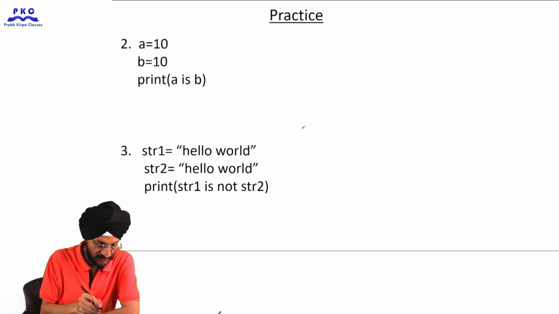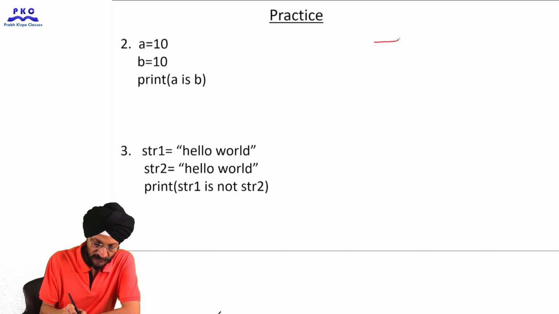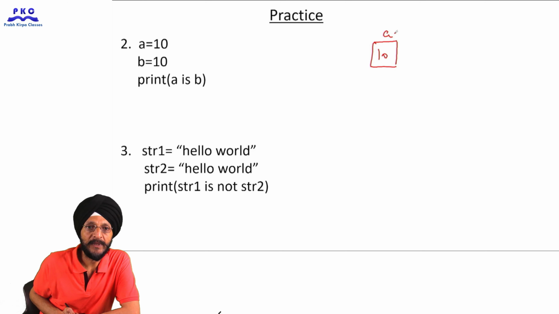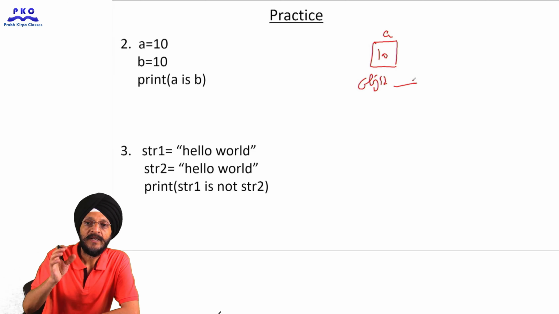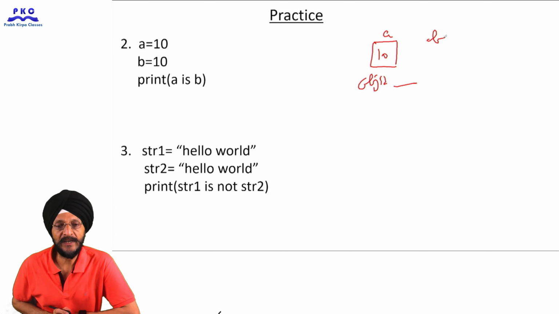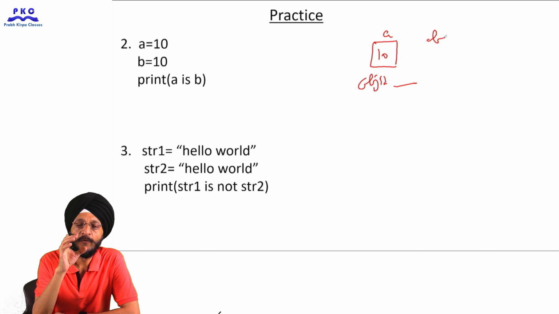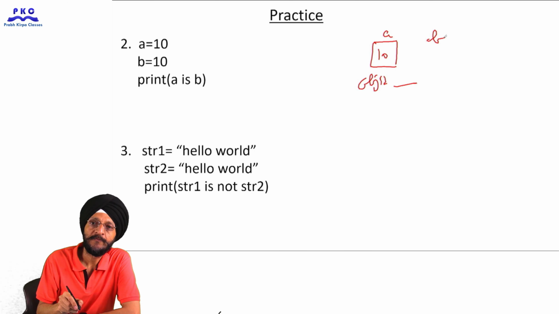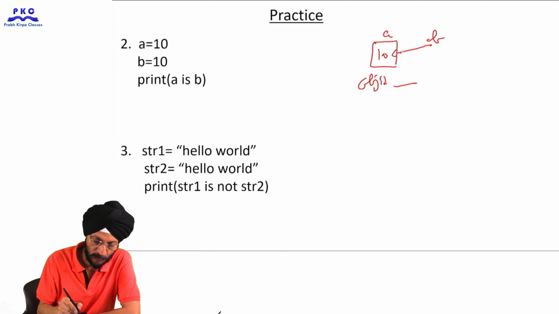Now another: A is equal to 10, B is equal to 10, print A is B. This is the object 10. This is the variable name A given to it. This is the object ID where it is stored in memory. And when the B variable is created with the same value, then the memory manager of Python will store this object at the same memory location.